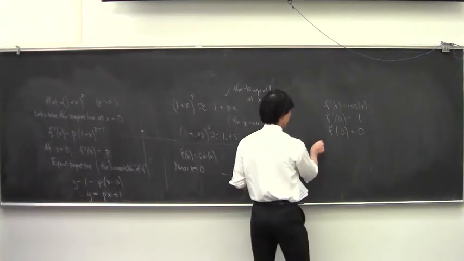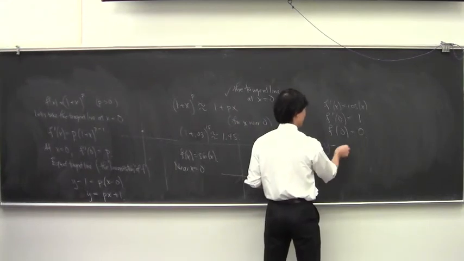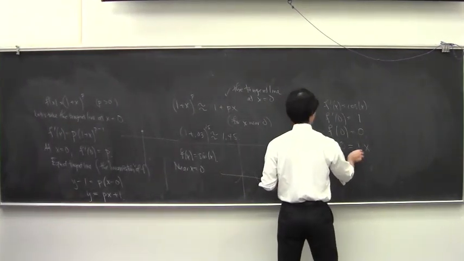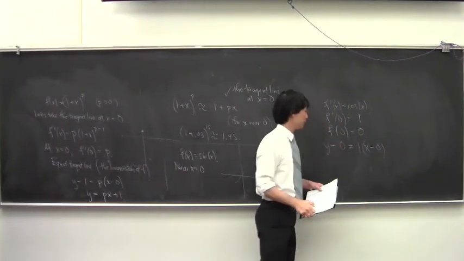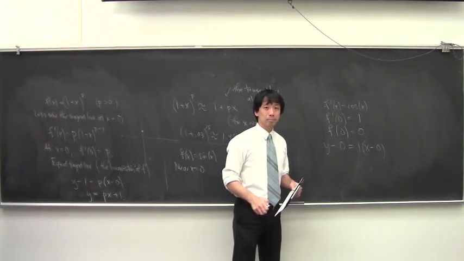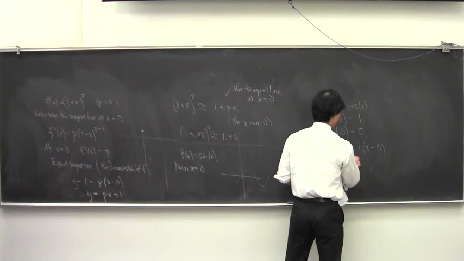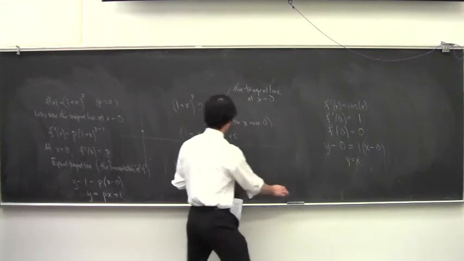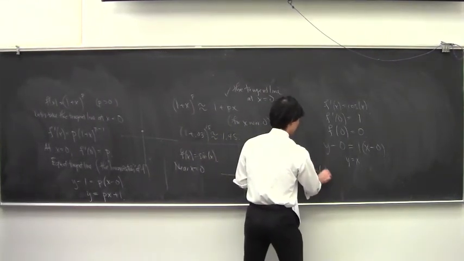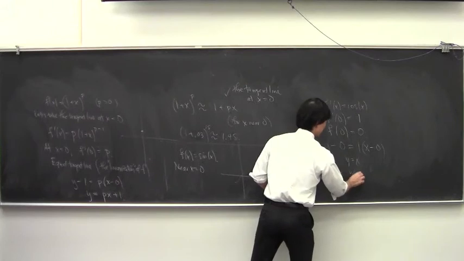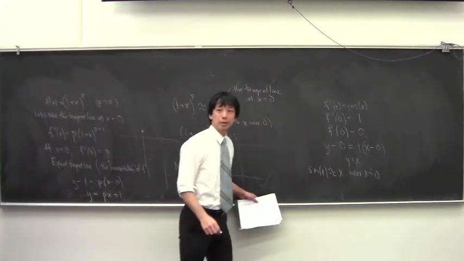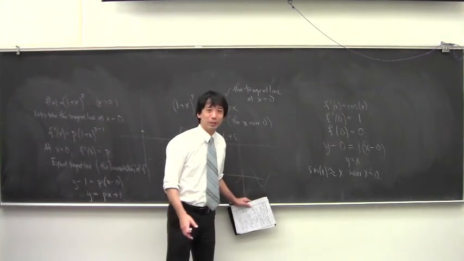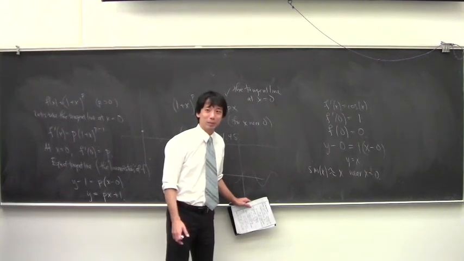So what's the equation of the tangent line? y minus the y value equals 1 times (x minus the x coordinate), which is to say y equals x. So the tangent line is saying that sine x is basically x near x equals 0. So if somebody asks you, what is the sine of pi over 100? Well, you can say it's about pi over 100.